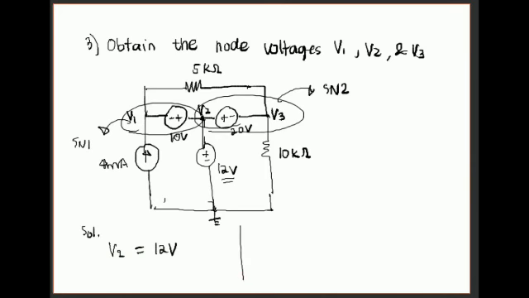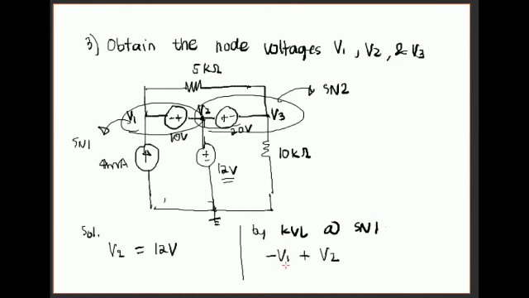because the positive terminal of this 12 volt source is directly connected to V2. Then by KVL at supernode 1, we have the voltage differences minus V1 plus V2.